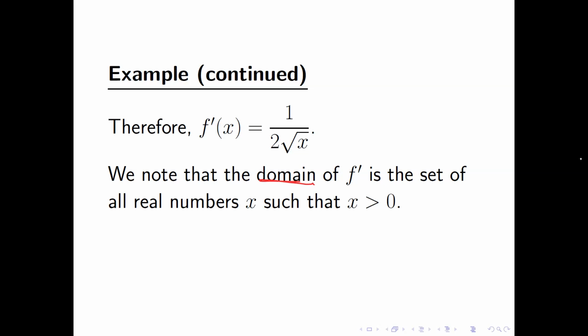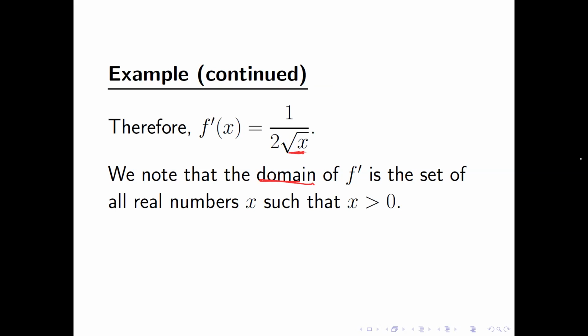But here, one may note that at 0, we're going to have a problem, because we are going to have 1 over 2 multiplied by the square root of 0, which is 1 over 0. And when you press your calculator, 1 over 0 is math error, which is undefined. So it's going to be a problem.